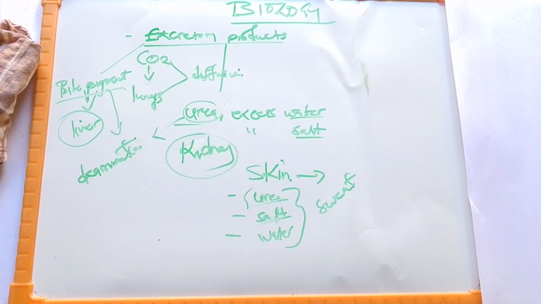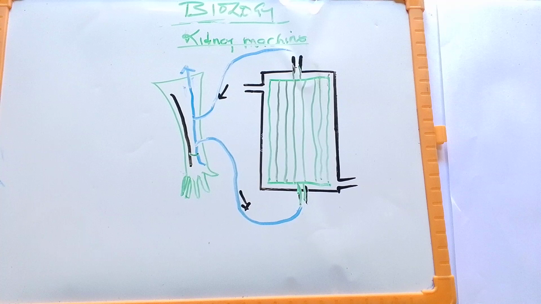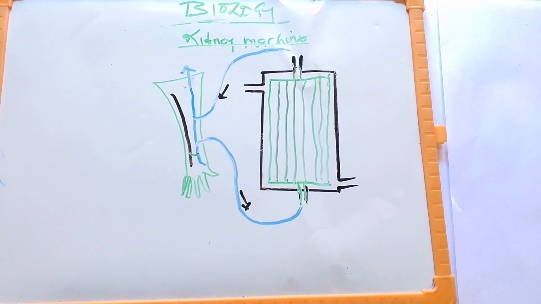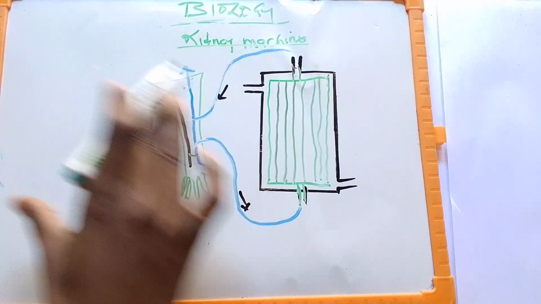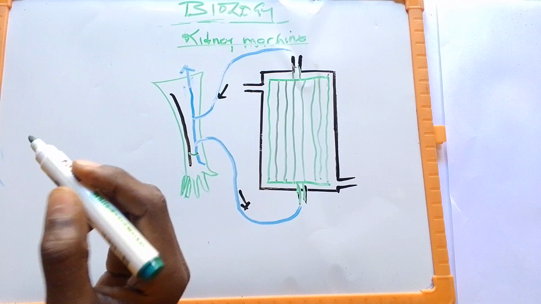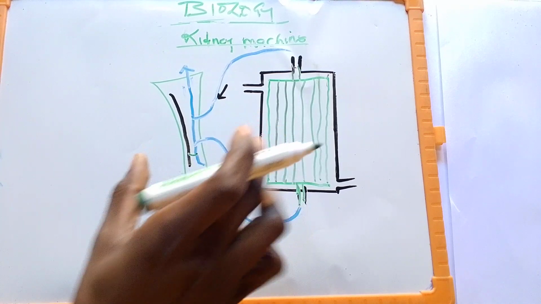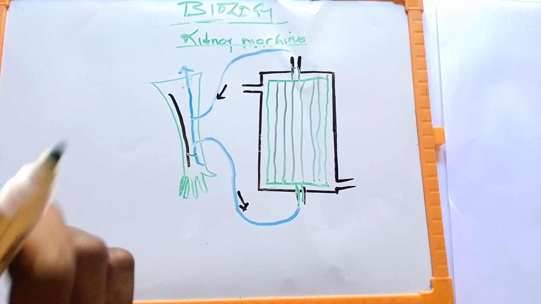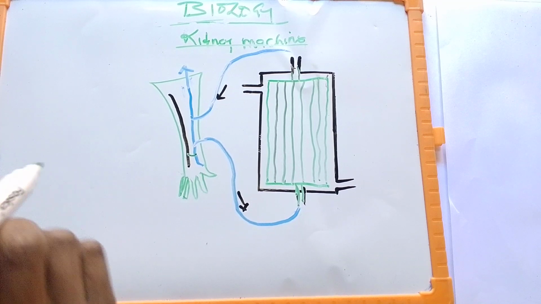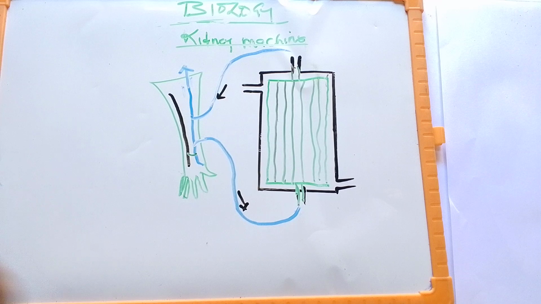Now we can talk about the kidney machine. Okay, so before we look much at the kidney machine or the dialysis machine, let us understand why this machine is important and what is its major function when someone is being treated using this machine.